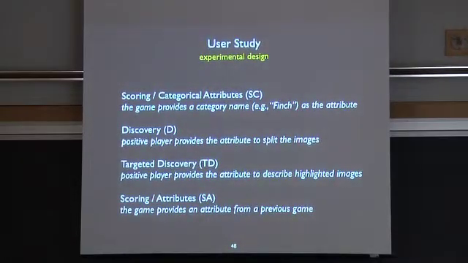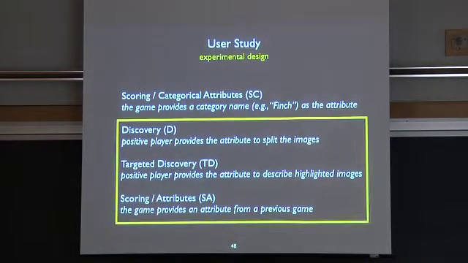And the last mode provides an attribute, but it's an attribute from previous games. So the last 3 versions are a more open-ended type of entry where the players get to choose what attributes to use and how to annotate those attributes. Whereas in the first case, it's equivalent to a categorization task where people are given a category and they're asked to do that directly.